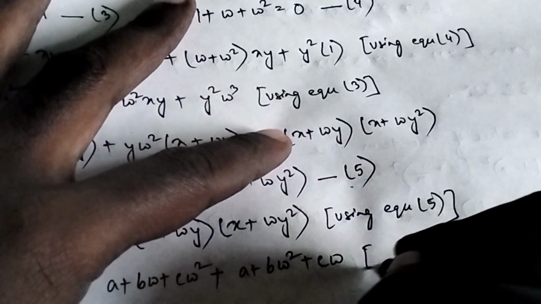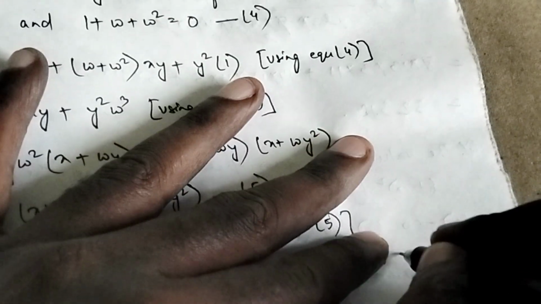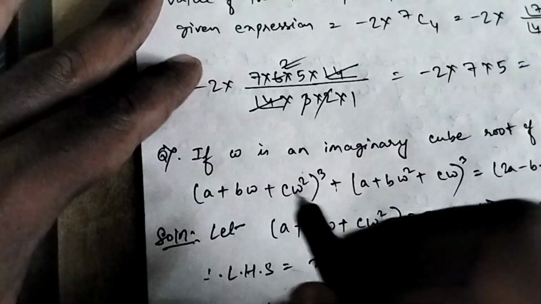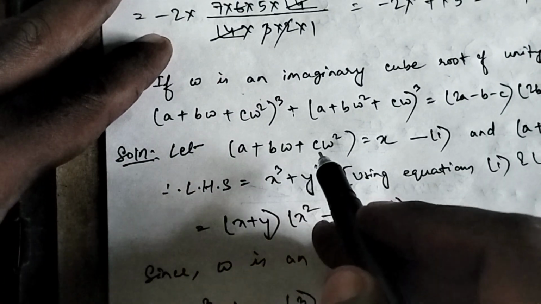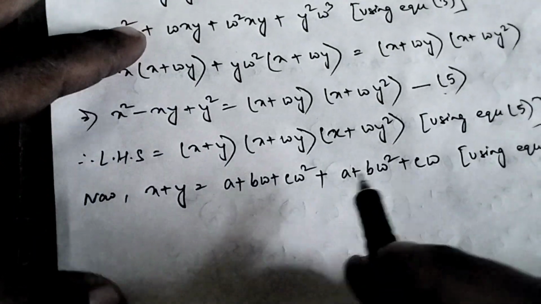Here you have to write using equations 1 and 2. We got this value of x and value of y using equations 1 and 2. So therefore x plus y, I will write this.